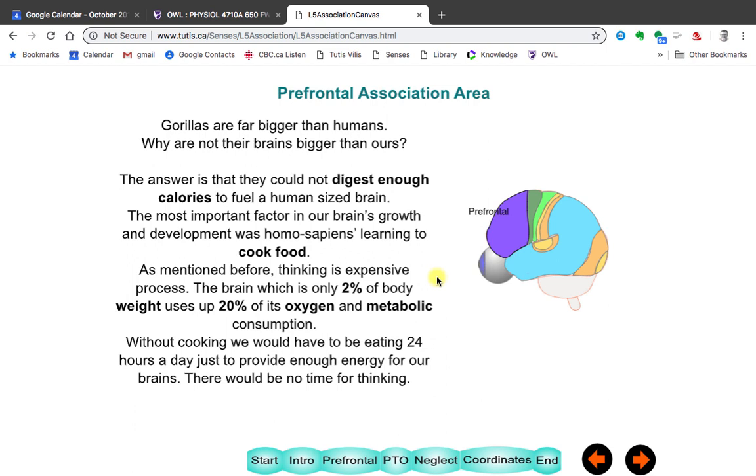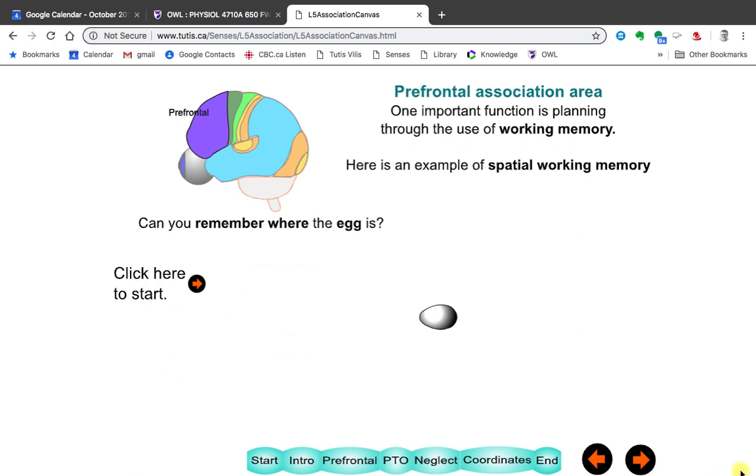So, it all comes down to calories. Without cooking, to feed a brain our size, you'd have to be eating all day. You'd have no time for thinking or going to class or anything like that. Constantly looking for food and eating it.